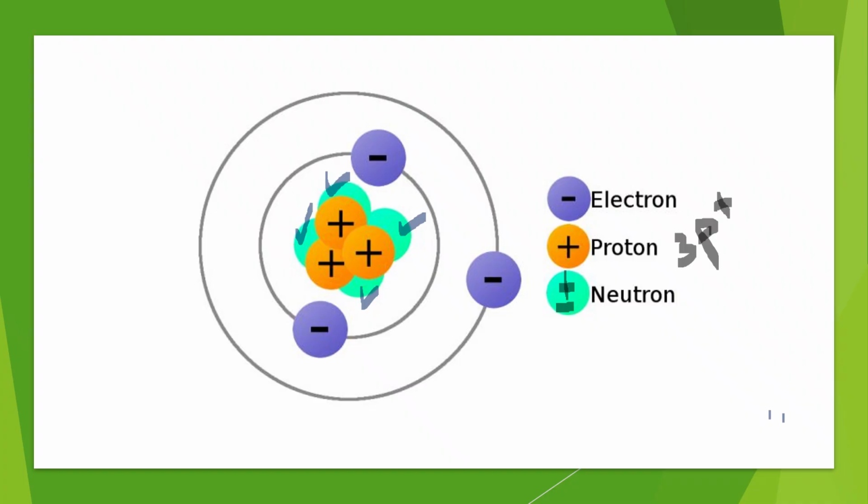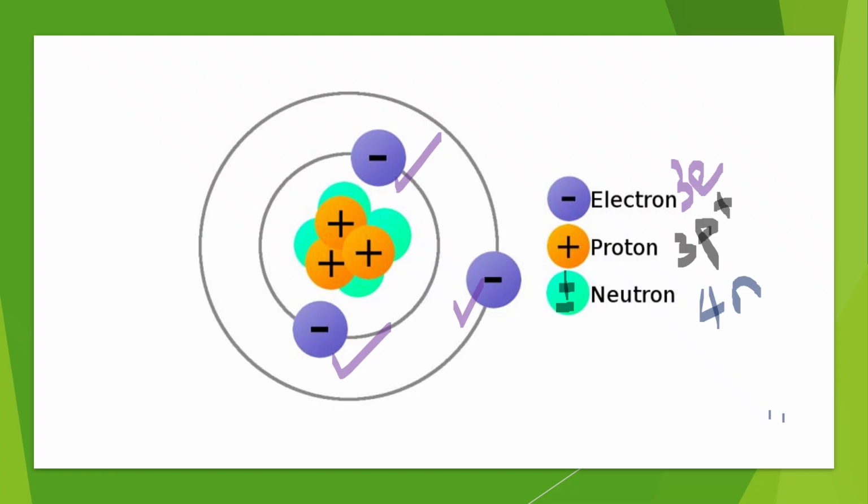So we have 4 neutrons. At the same time, let's count the number of negative electrons which revolve around the nucleus of the atom. They are 1, 2, 3.